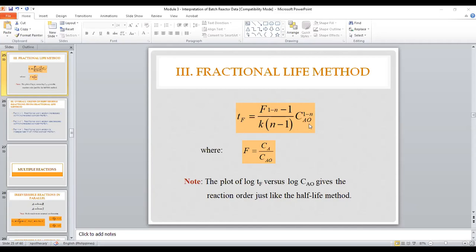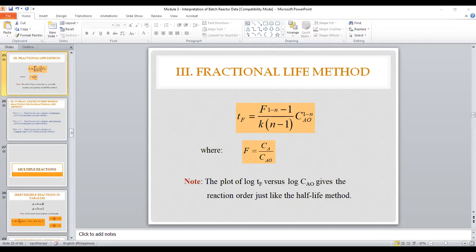Here, you're going to plot the initial concentration against the time it took for this F. Now you plot the log of T_F, using the same principle and procedure discussed in the half-life method, versus the log of C_A0, or the ln of T_F versus the ln of C_A0. This will give the reaction order just like the half-life method.